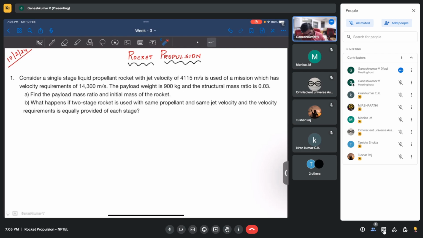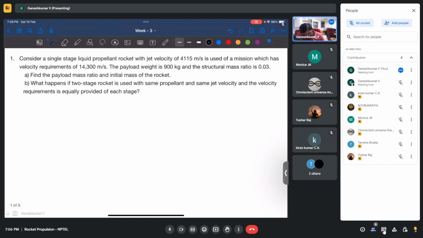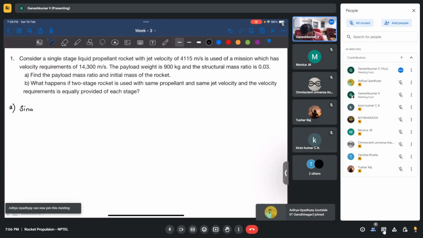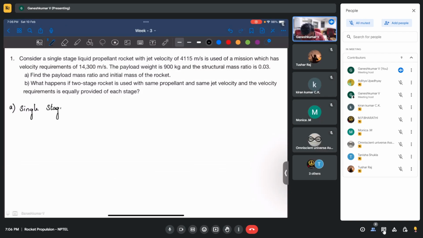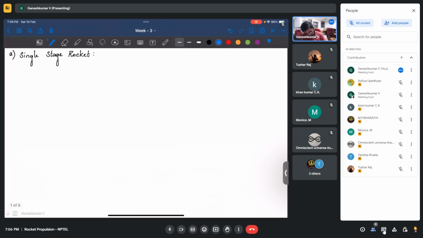So let's start solving it. First, let's try to solve the single stage rocket. Maybe what I could do is draw a schematic over here.